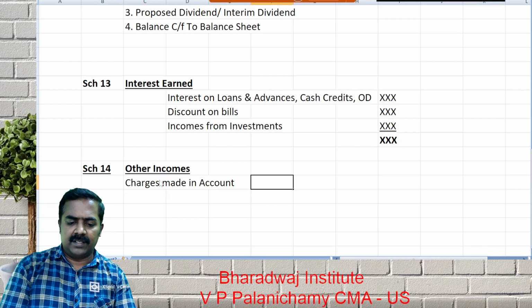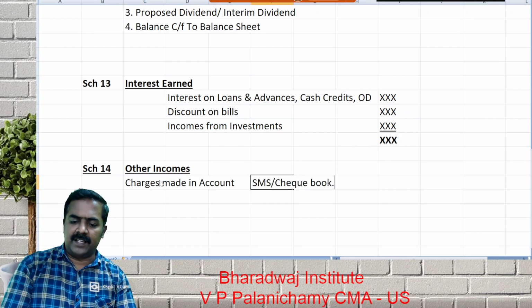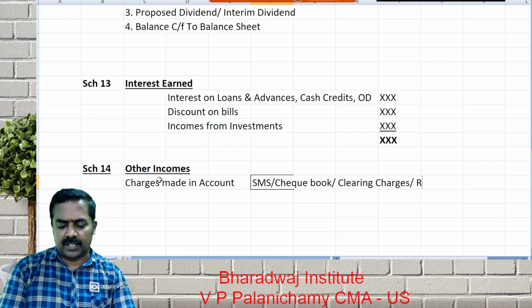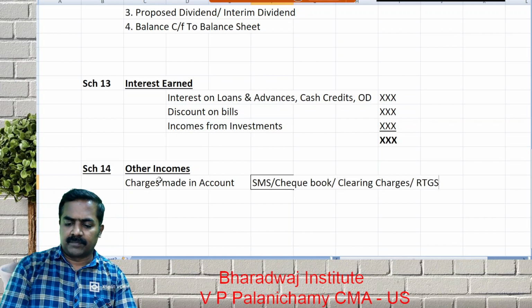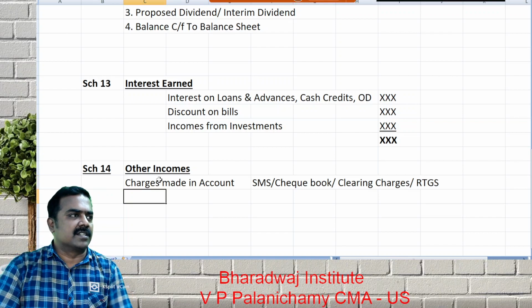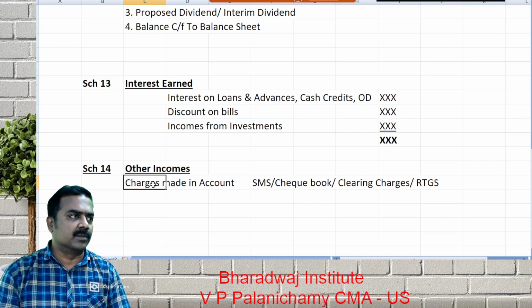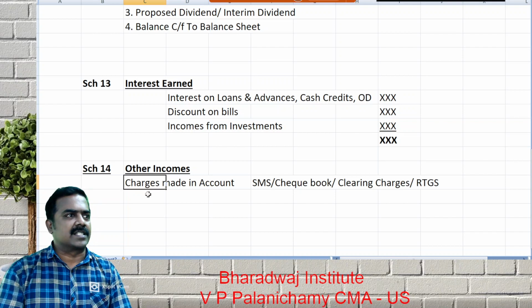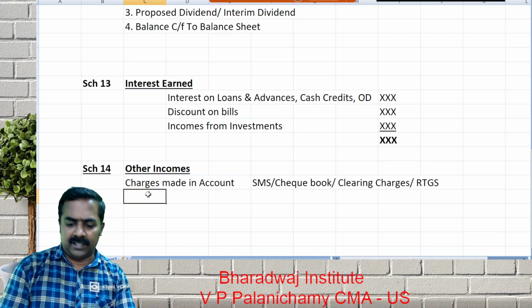It can be SMS charges, checkbook charges, clearing charges, maybe RTGS charges. All those card charges, ATM renewal charges and sundry charges made in the account. That's an income for the banker. For the customer, it is an expense.